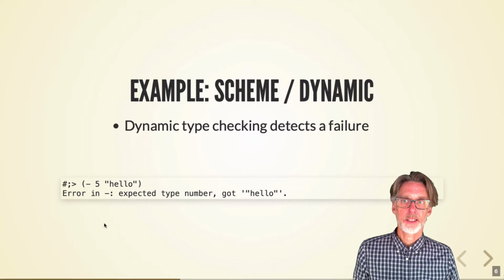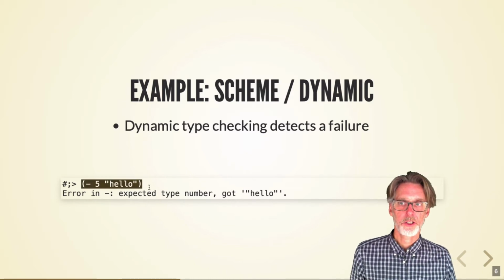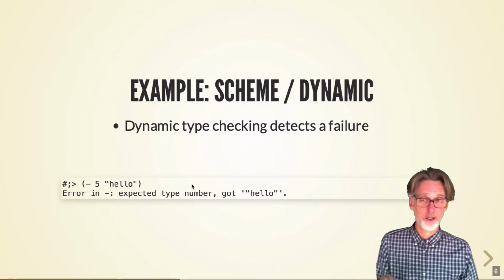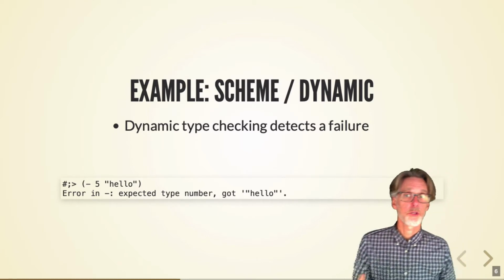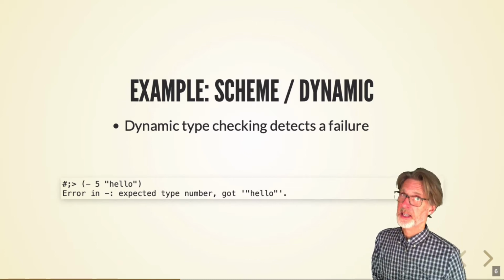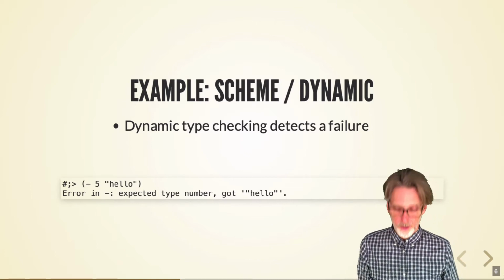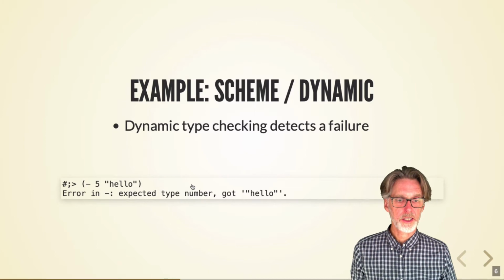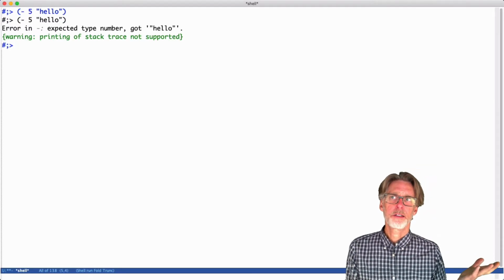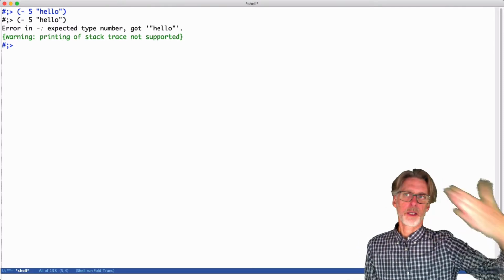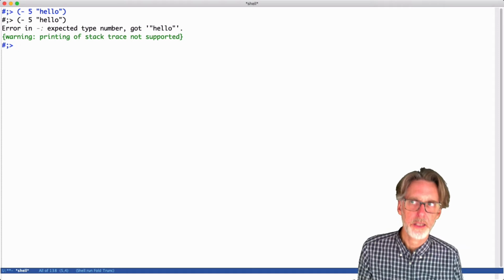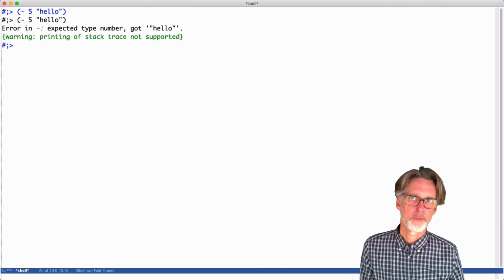So, for example, in Scheme, if you type in the expression that tries to subtract hello from 5, you will get an error. And I'm going to tell you, this is a dynamic type checking error. But of course, if we just type this expression into Scheme, you can't really tell, because in Scheme, the expression is input and then compiled immediately and then run.